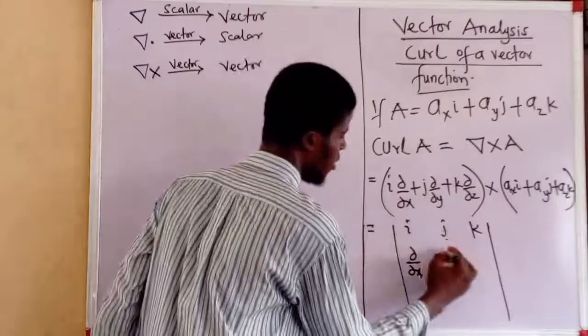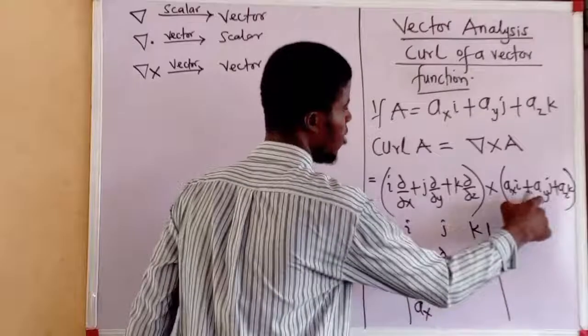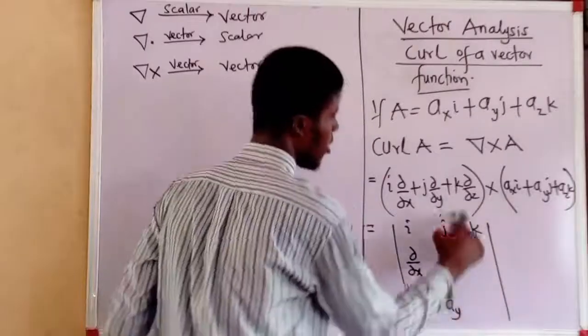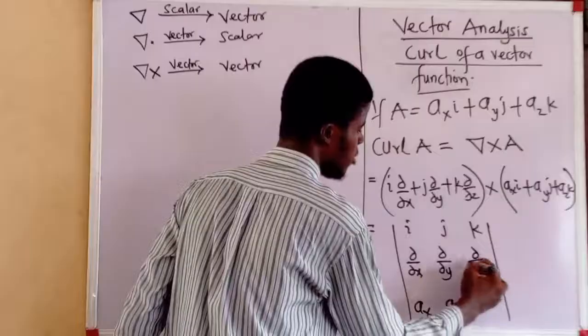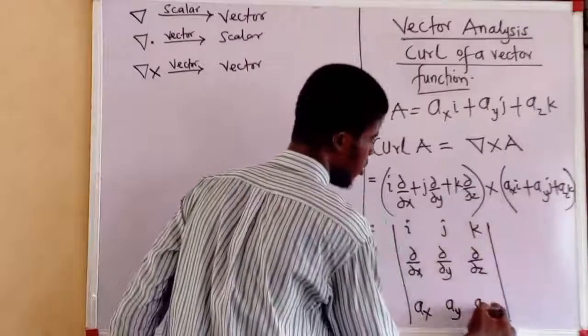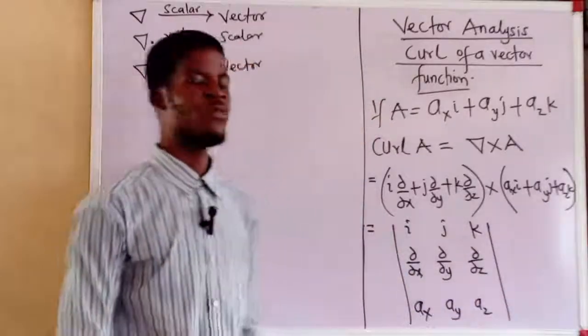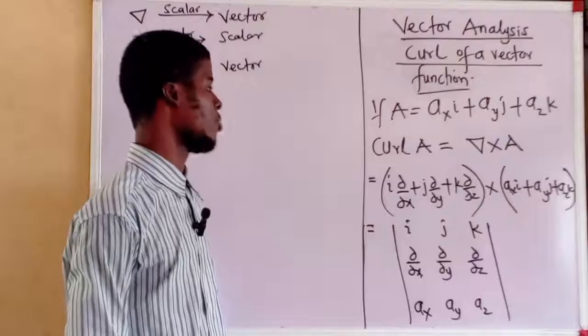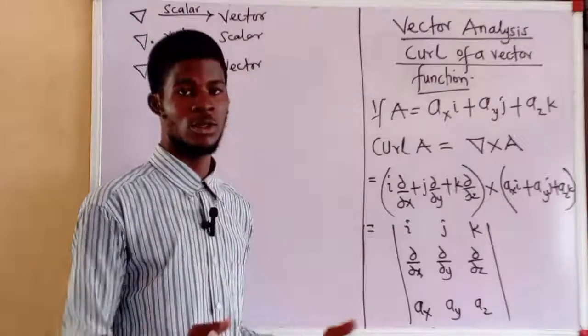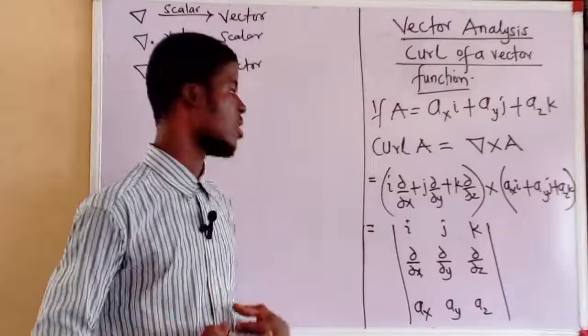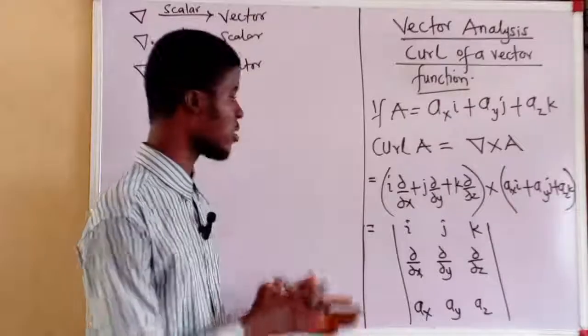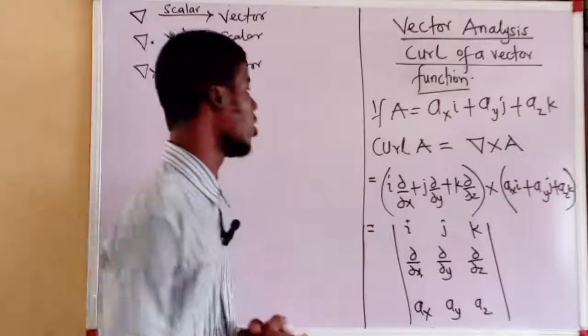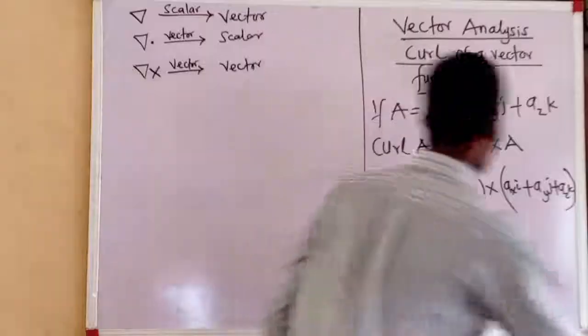Here we have partial y, and here we have Ay. Here we have partial z, and here we have Az. I have a video for the cross product of vectors, so you can watch it to understand in detail what I'm doing here. This is the cross product of these two vectors. So let's proceed.